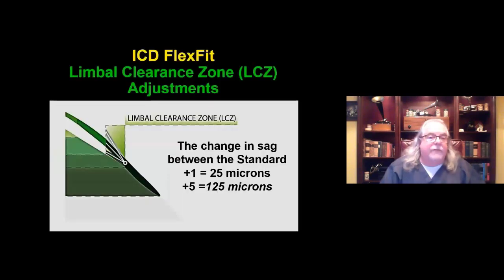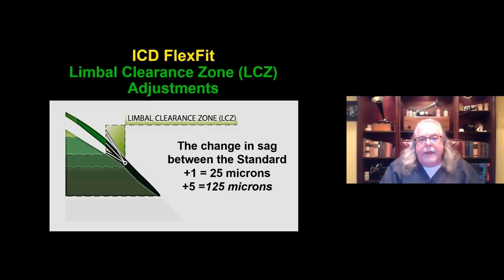Now, just as with the peripheral corneal clearance zone, the ICD FlexFit and its limbal clearance zone work in the same numeric values. A +1 is going to increase that angle 25 microns, a +5, 125 microns.